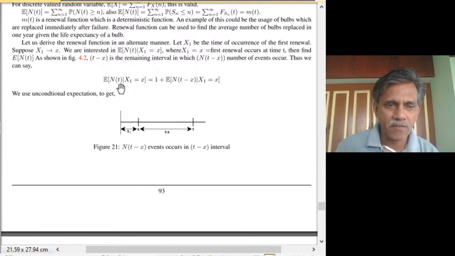So the expectation of N(t) given X1 equals x is 1 plus the expectation of N(t minus x) given X1 equals x. But here x itself can range from 0 to infinity. So we will make use of that. Of course, if x is more than t, then no renewal will take place here, but still x can take any possible values.